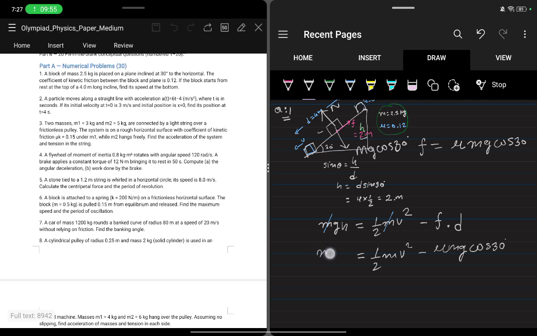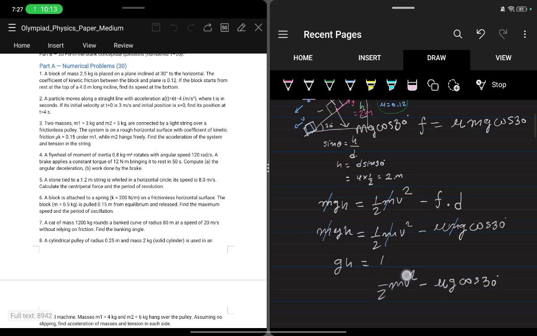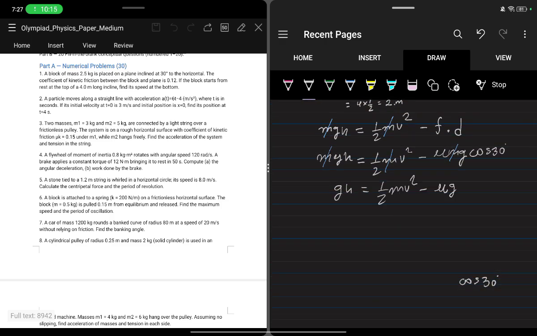This is mgh. We can cancel out these masses. So gh is equal to half mv square minus mu g cos 30 degrees times d. Now plug the values, you will end up with the answer.